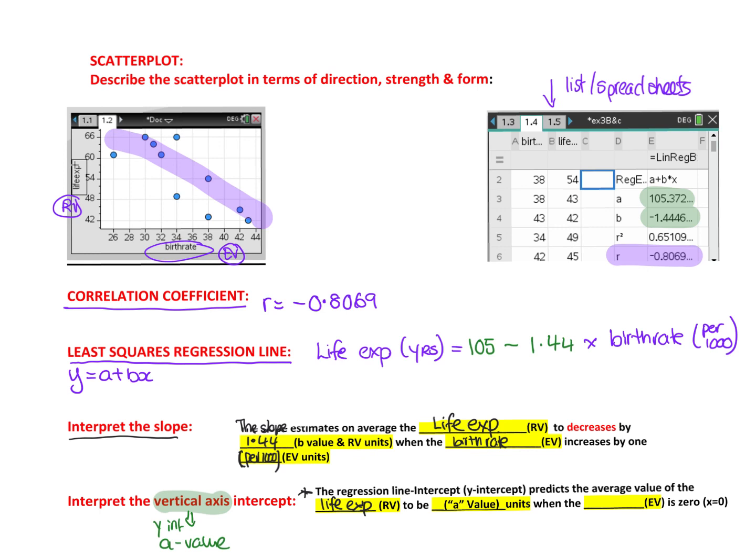You should be writing this out, but we're just going to pop it in here. So 105 years when the birth rate, and we just put in brackets per 1,000, is 0.